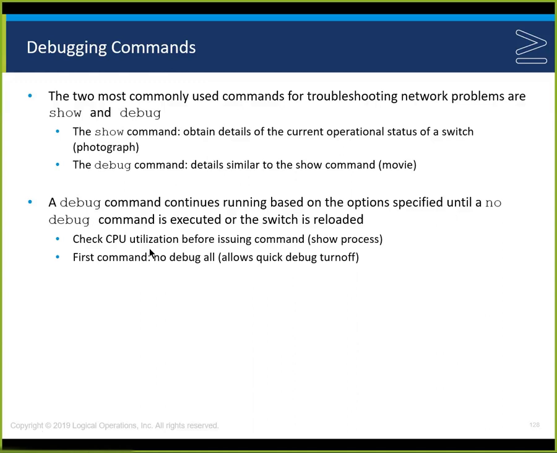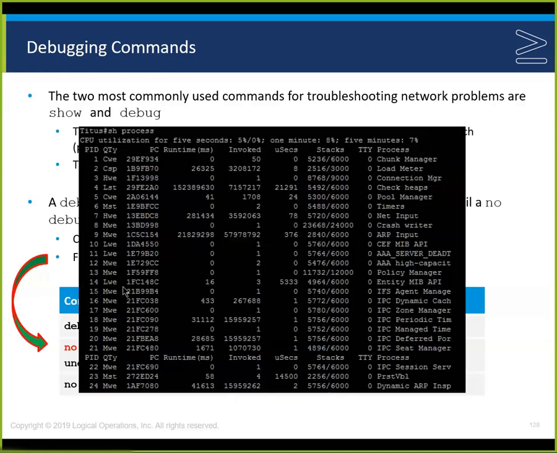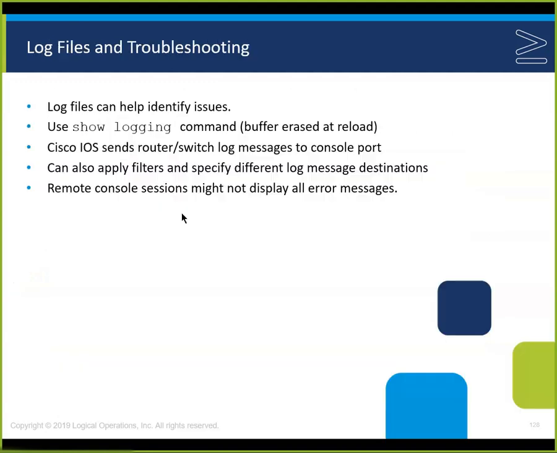The undebug is one of the few commands that you can use that doesn't have a no in front of it to undo things. This is just the show processes, and it just kind of gets thrown in here. The processes that are running on the system.